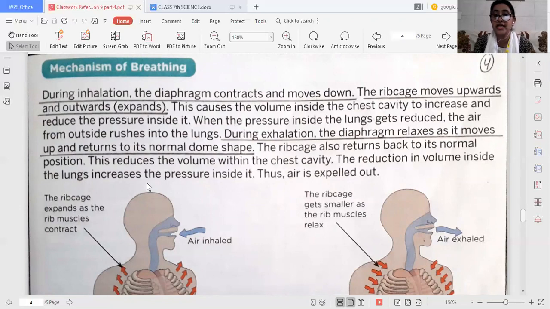When the pressure inside the lungs is reduced, the air from outside rushes into the lungs. And during exhalation, the diaphragm relaxes and it moves to its normal shape. And what happens? The rib cage also returns to the normal position, and this reduces the volume of the chest cavity. Then what will happen? Due to the reduction of the volume, the air will be expelled out. So this is the mechanism of breathing.